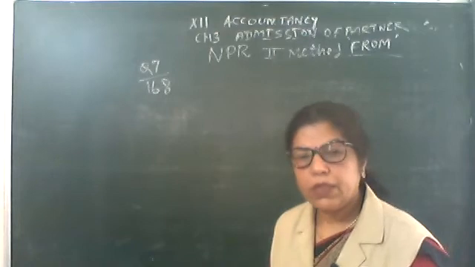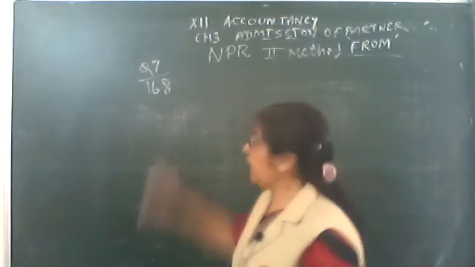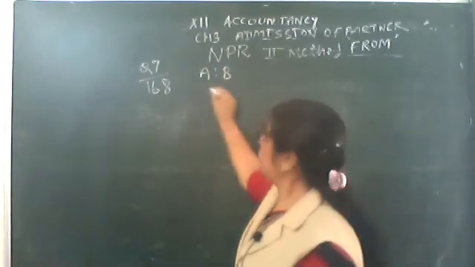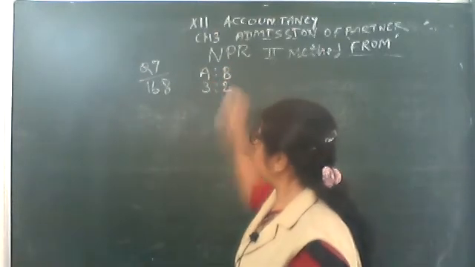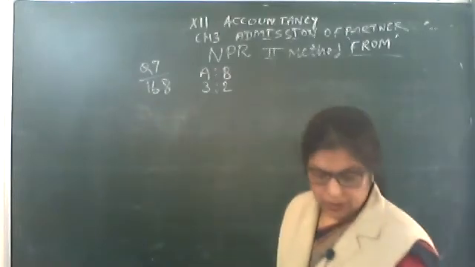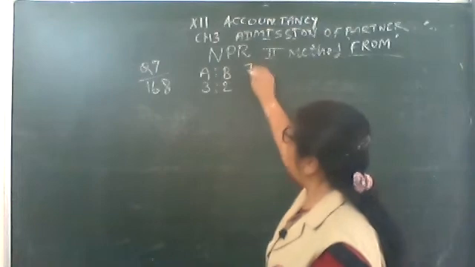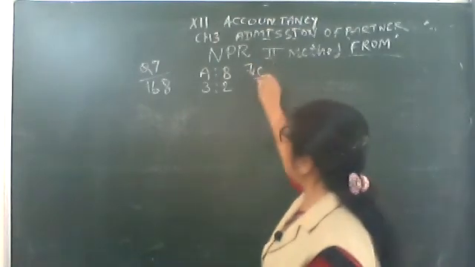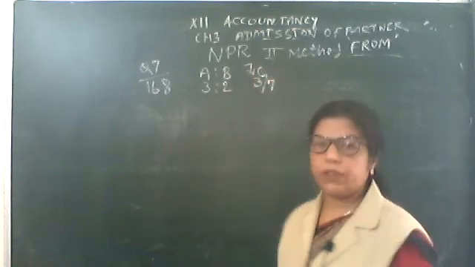Page number 168. A and B are partners in the ratio 3:2. This is given on page number 168. C is a new partner for 3 by 7 share.